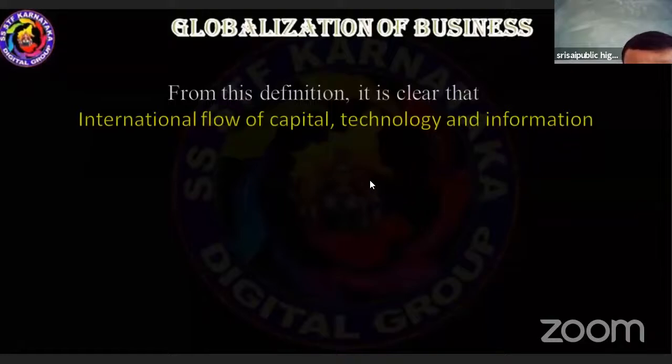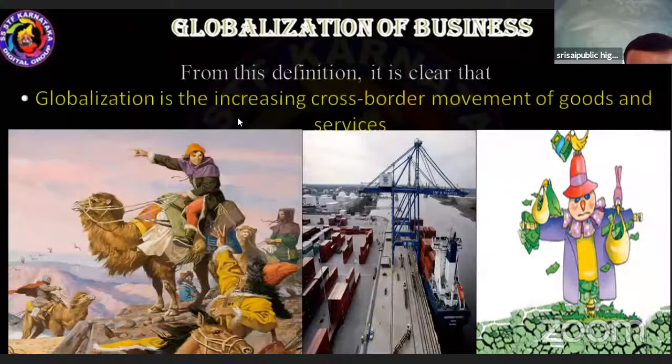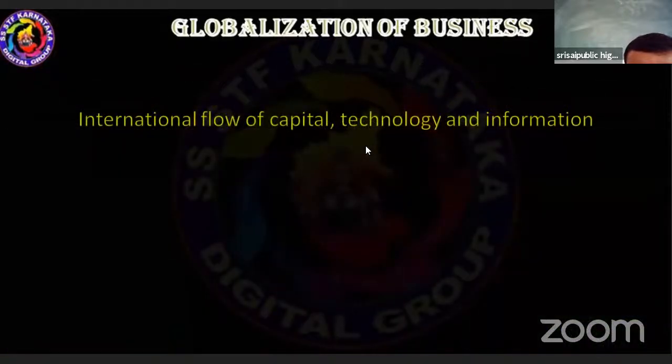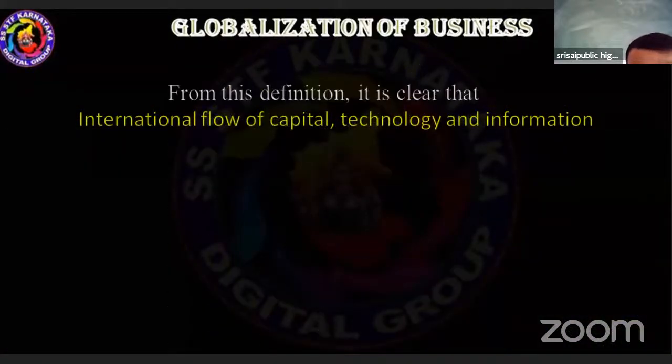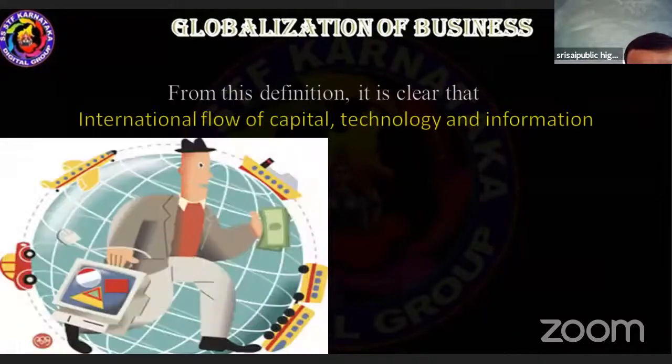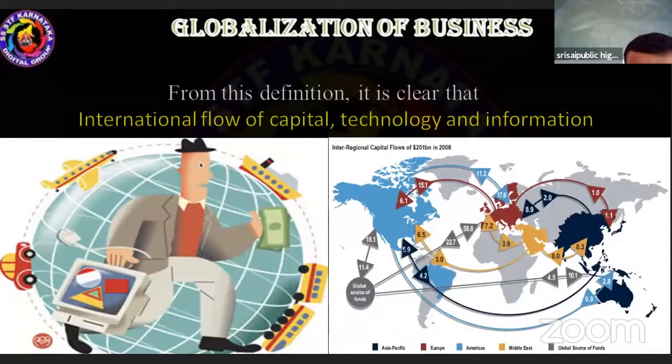These are the three to four meanings of globalization. The first one, as we have told, is that globalization is the increasing cross-border movement of goods and services. The next means the international flow of capital, technology and information. Capital means a large amount of money which they invest to carry on their business.